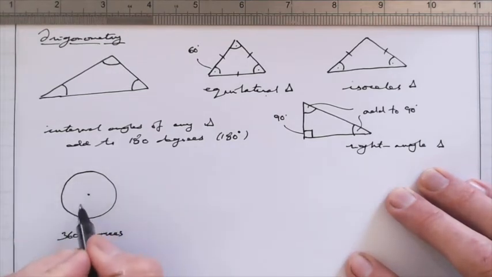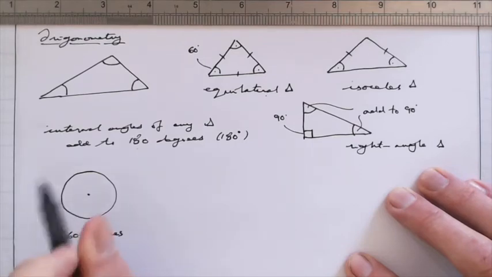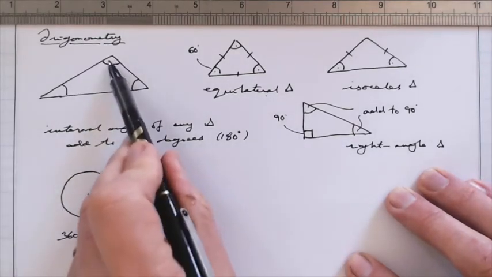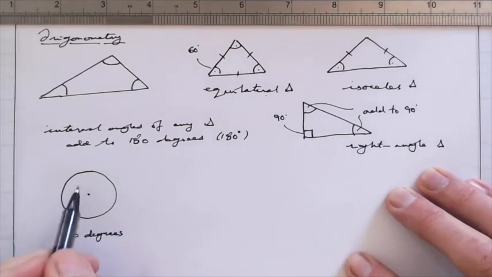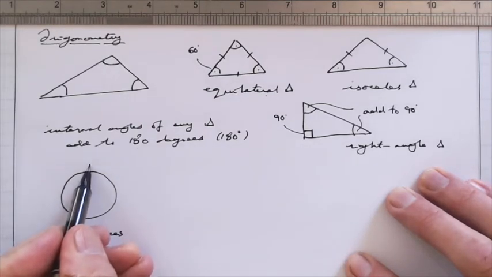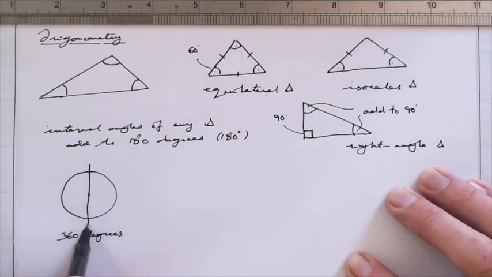So let me use this. If you just accept from me that a circle has 360 degrees, let's use that to argue that any triangle has internal angles that add up to 180 degrees. So let me draw a crosshairs through this, make it look like something you might see through a gun.